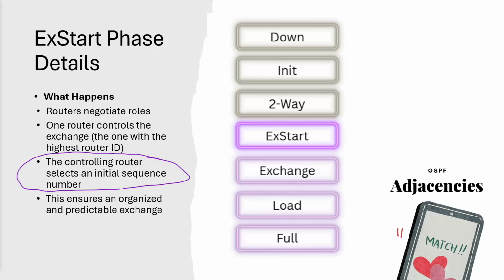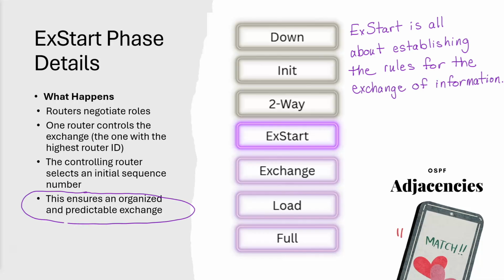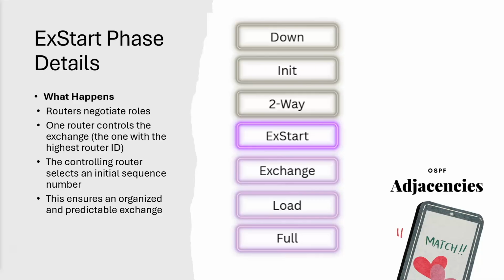At this point, no topology has been exchanged yet. The routers are only agreeing on who leads and how the exchange will be organized.